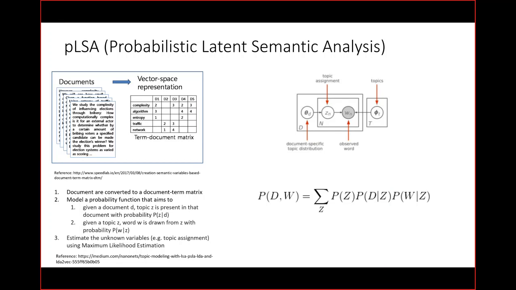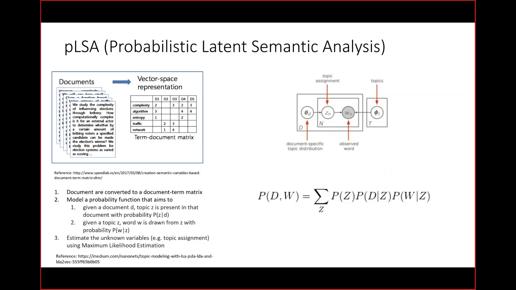This gives you a formula where, given a document D, topic Z is present in that document with probability P of Z given D. Given a topic Z, word W is drawn from Z with probability P of W given Z.